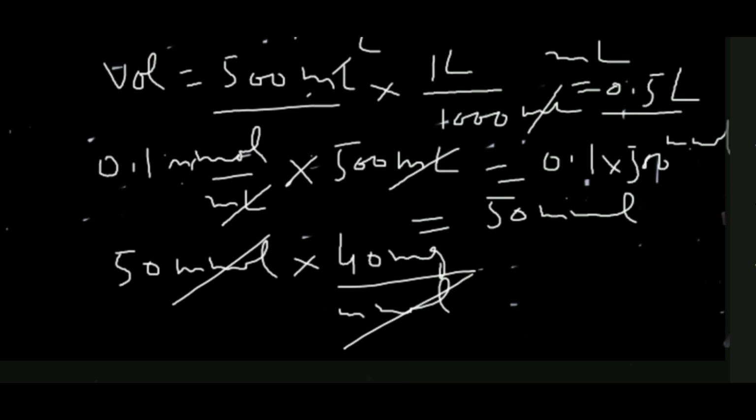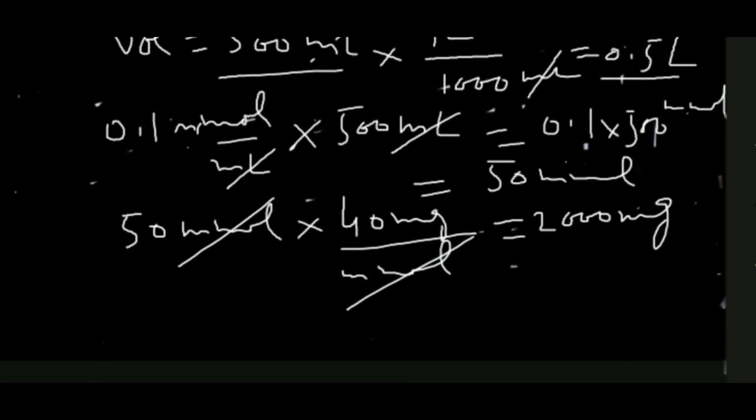So millimole will be cancelled, and if we multiply the 40 with the 50, we get 2000 milligram. Now we have obtained 2000 milligram.